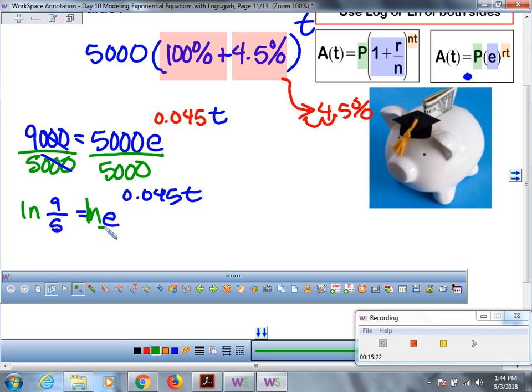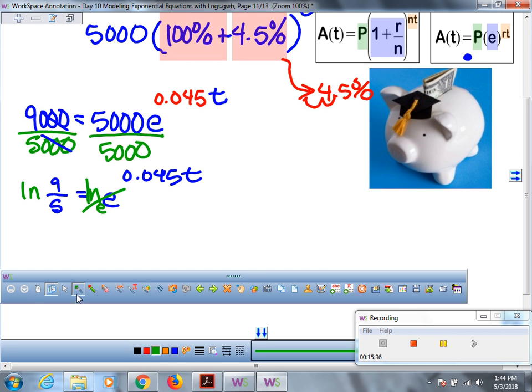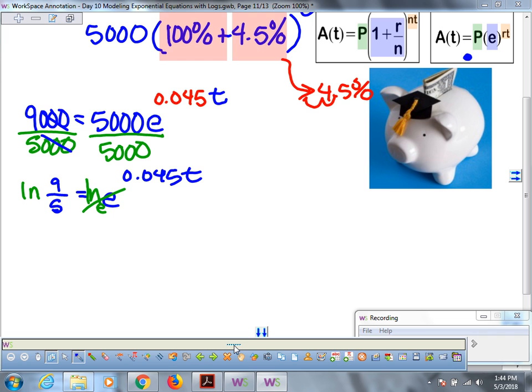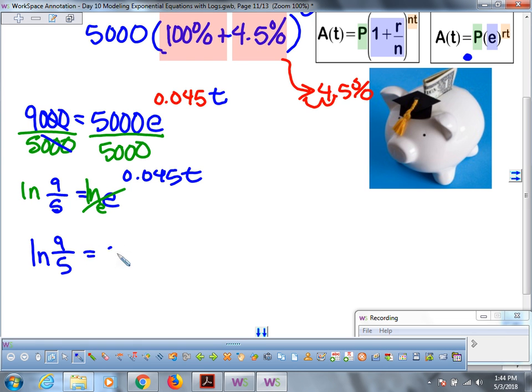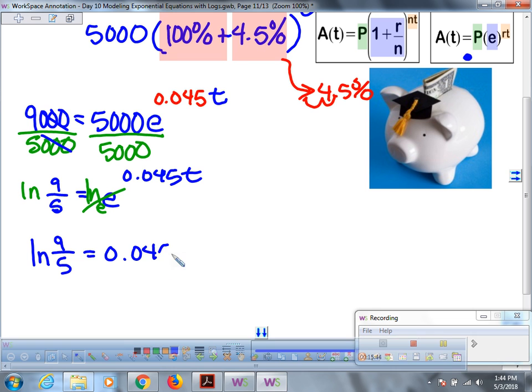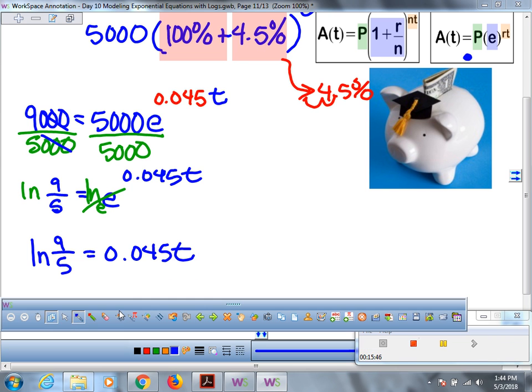Remember, this is ln e. Whenever you get to use e, it cuts half of your calculations down, because ln of e just cancels. It's just 1. So I'm left with, do you see what I mean? Why that makes your life so much easier when you get to use e? So now I have ln 9/5 equals 0.045 t, and now I just divide.